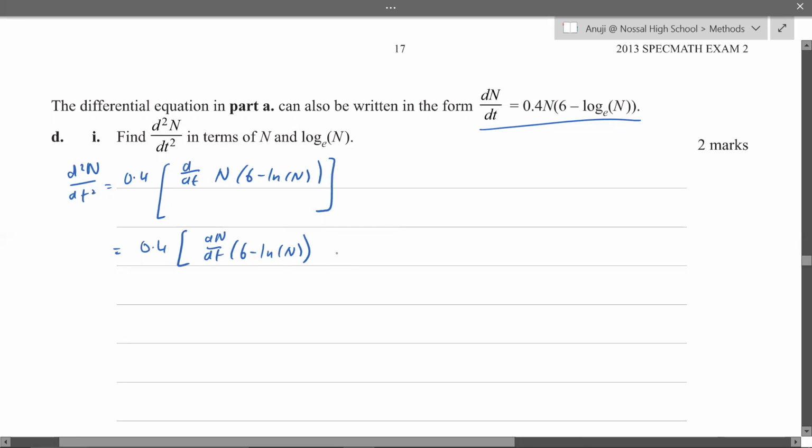And then you have to do the product rule. So n and then 0 minus 1 on n times dn/dt. Right. So if I simplify that, dn/dt (6 minus ln n), you can see that these kind of cancel, so it's just times negative dn/dt.